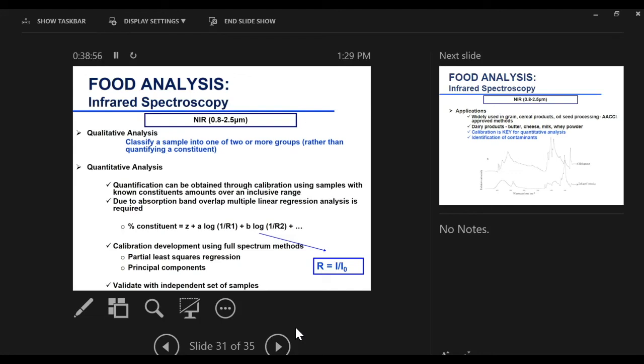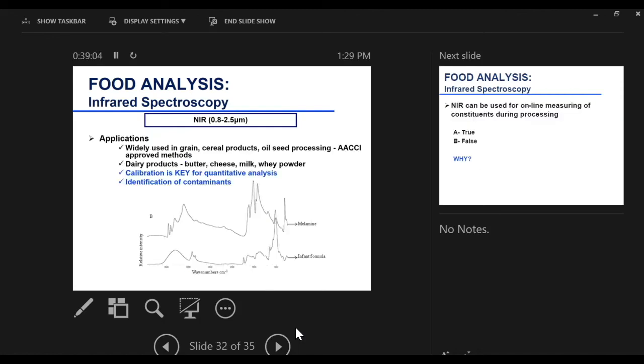If you look at applications, this is the example where I showed you that you can do forensics and look at pure melamine, which is a contaminant that was added to infant formula to add nitrogen content to falsely give the value that it has higher protein.